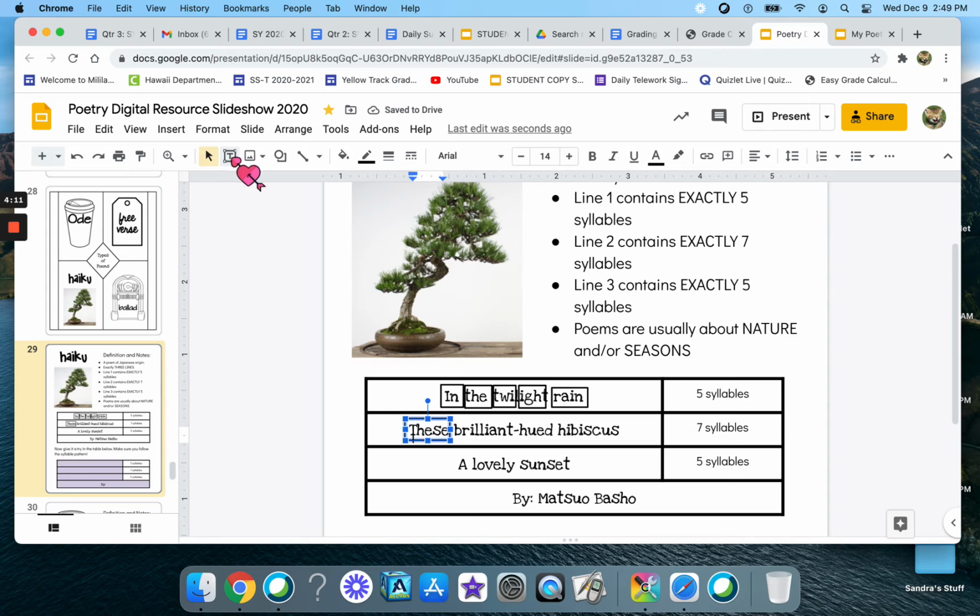So brill is 1 syllable. Brilliant is another syllable. Okay. Hued is another syllable, a single syllable. Hued.